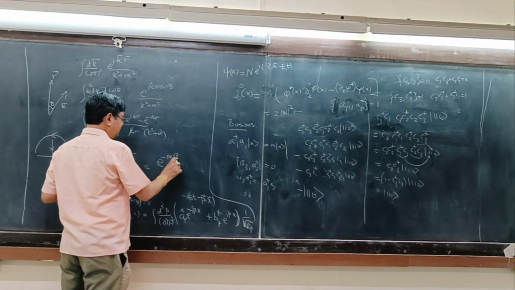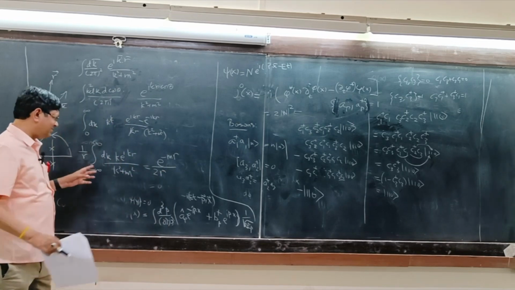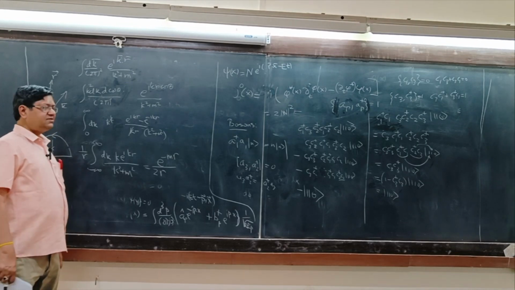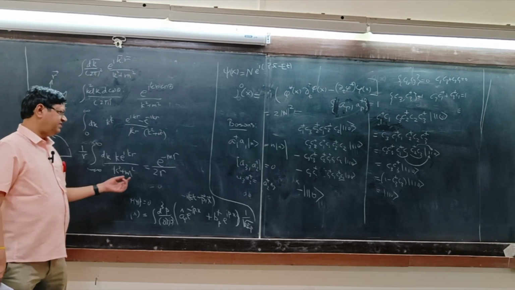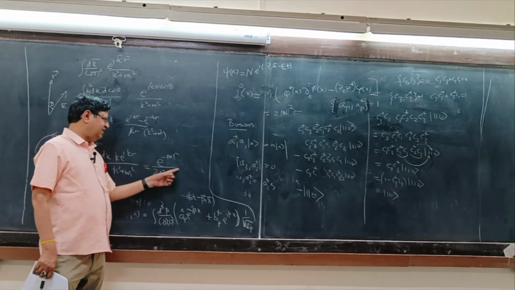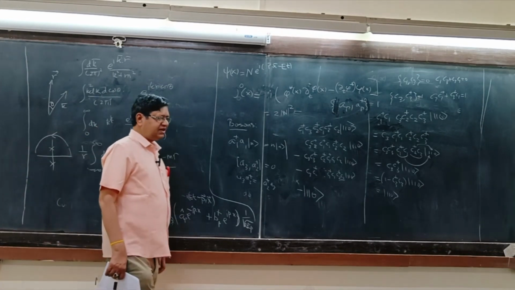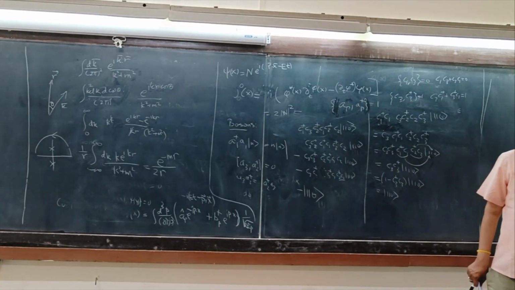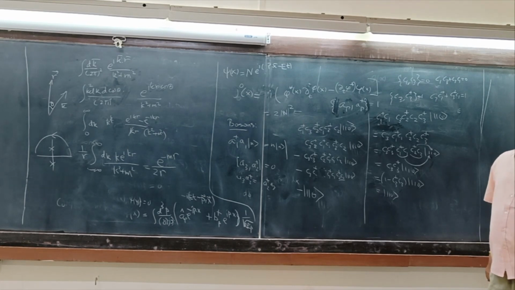So if you do all that algebra right, you get e to the power minus m r by r, and there's a factor 2. If you don't get the right factor 2, it's okay, but you need to have this. So this is the Debye shielding. For finite mass, there is Debye shielding. The potential is suppressed.